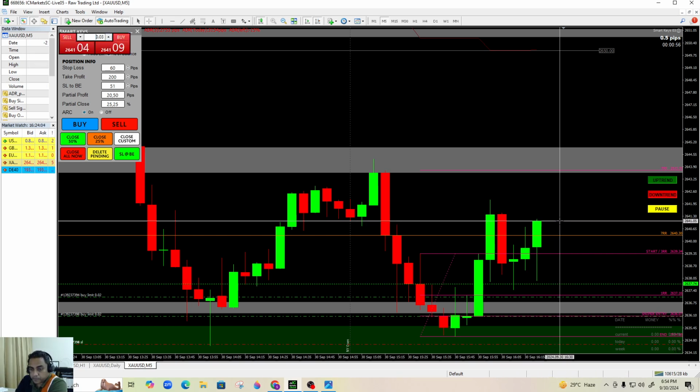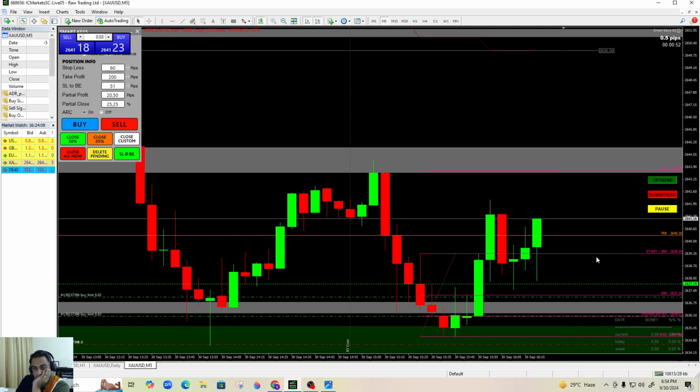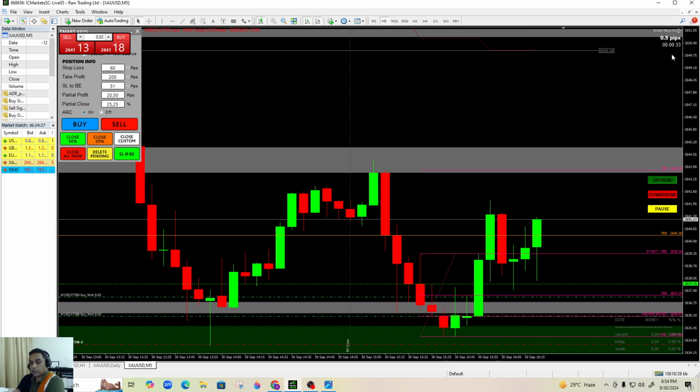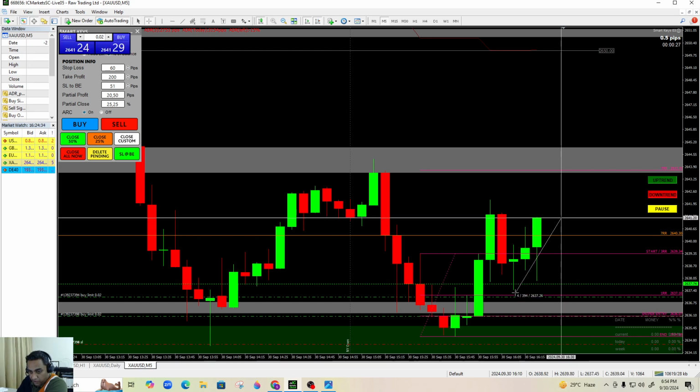If it closes here, the next candle is going to continue. This was the pullback to the demand zone to continue up. So I'm going to wait 30 seconds for this candle to close, and if it closes just like this, I'm going to take a buy trade, with the stop under that candle.